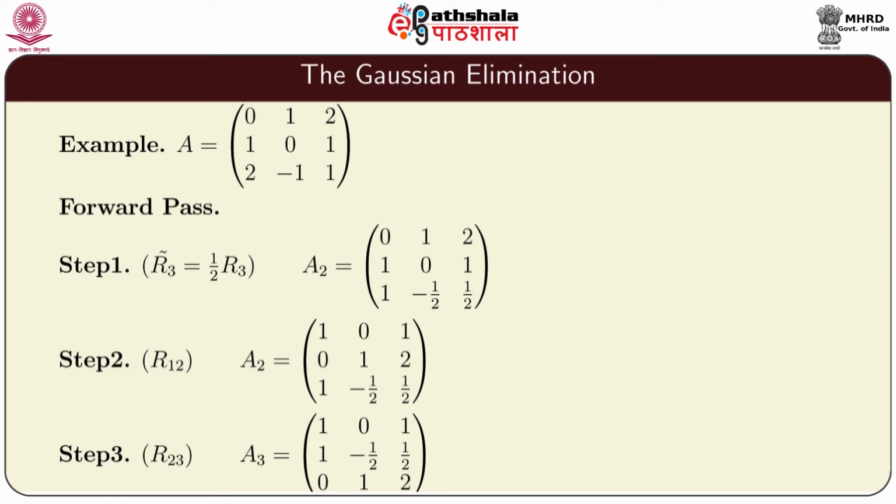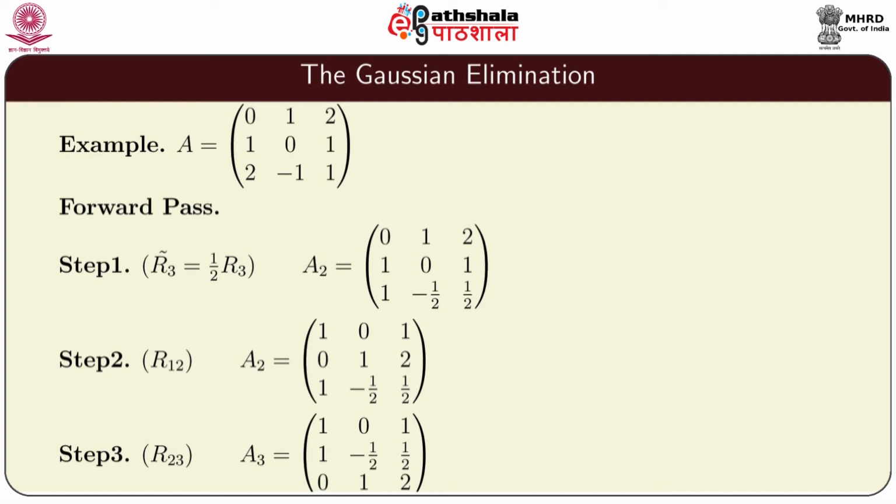What do we really get? If you look at the matrix A1, look at the first row, that is R1, which is 1 0 1. If you multiply it by minus 2, then you get minus 2, 0, minus 2. And then if you add that to the third row of A1, that is 2, minus 1, 1, then what you get is exactly the third row of A2, that is 0, minus 1, minus 1.